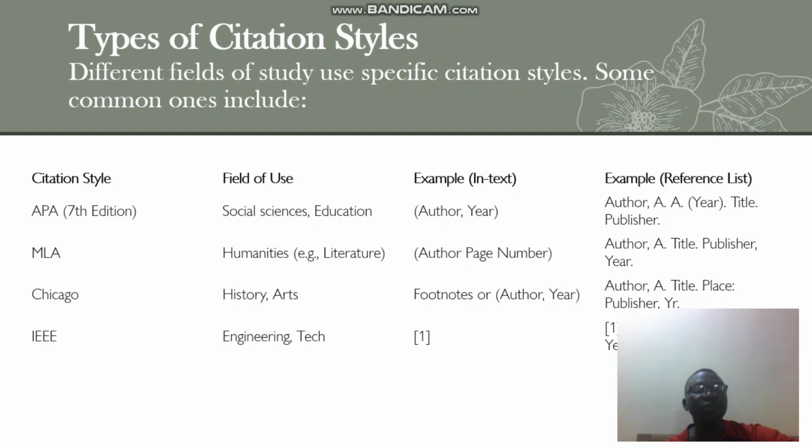You have what is known as APA. APA is American Psychological Association. That's what some schools and some departments actually use. We have MLA, we have Chicago, we have several of them, and depending on which style you are using, there is a way it's being done.